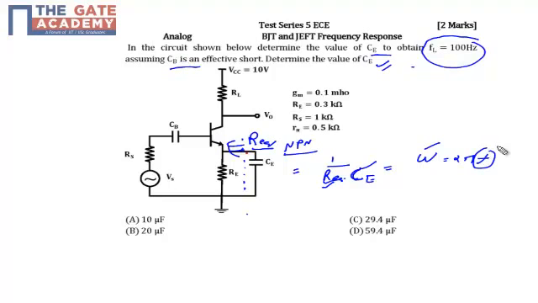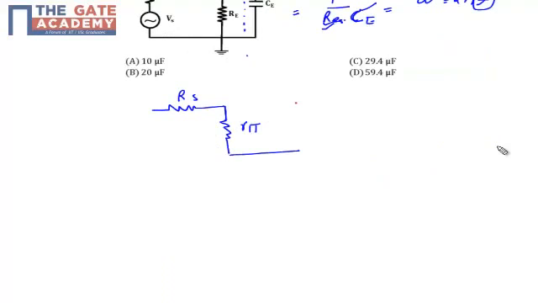First of all, I need to find the R equivalent. So for that, draw the small signal model of the circuit. The small signal model will have Rs, and R pi is given. Basically, I am going to draw the R pi model at low frequencies, also known as a conductance model, because it has a gm VB.